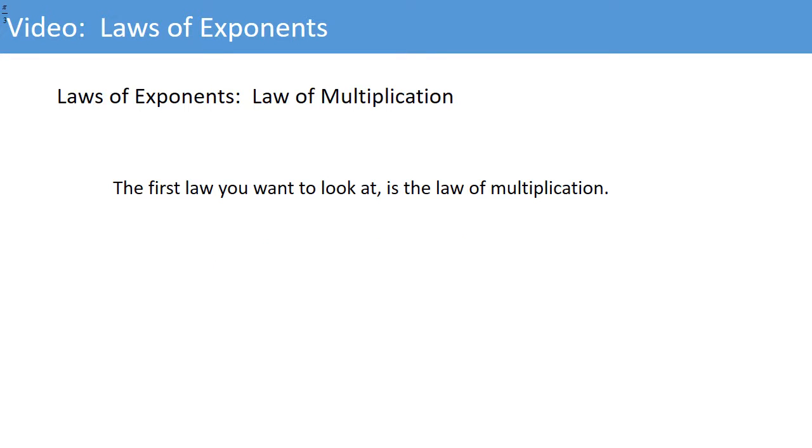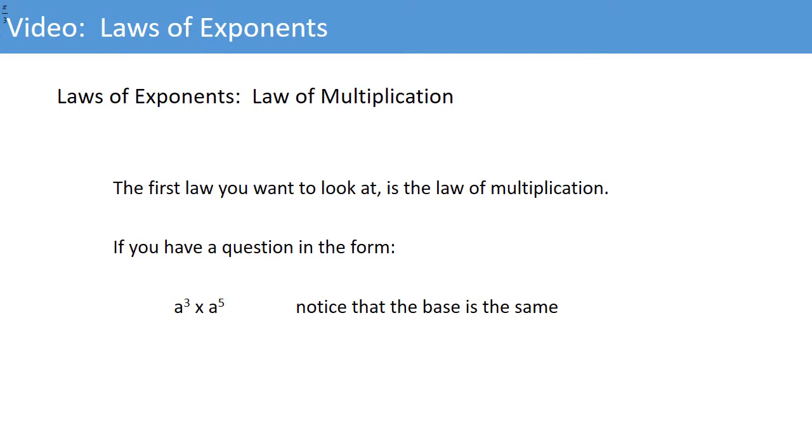The first law you want to look at is the law of multiplication. If you have a question in the form a to the exponent 3 times a to the exponent 5, notice that the base a is the same. When that happens, the rule is if the base is the same, you add the exponents.